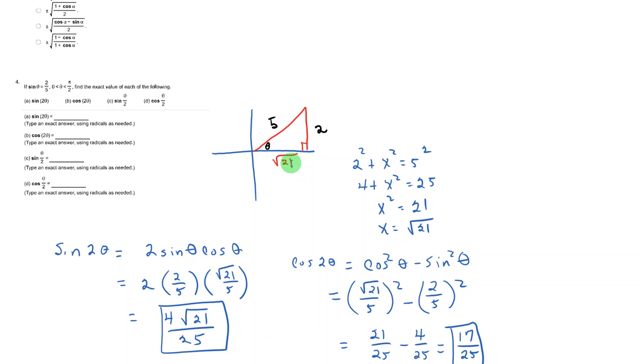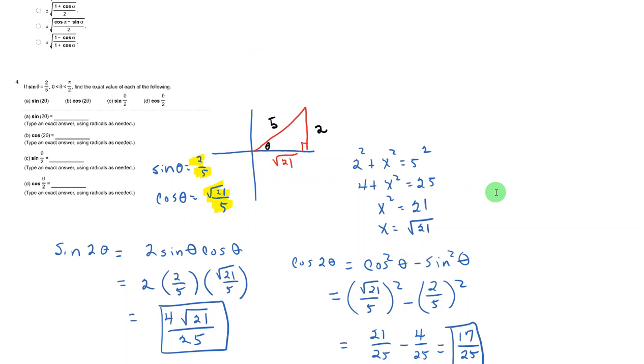It was pretty easy in the example, but we do have to use the Pythagorean theorem here. 2 squared plus x squared equals 5 squared. So that's 4 plus x squared equals 25. X squared is 21. X is the square root of 21. So I put that there. Now I know what my cosine is. It's the square root of 21 over 5. So I probably should have written that over here.